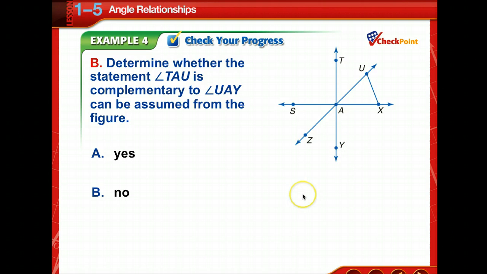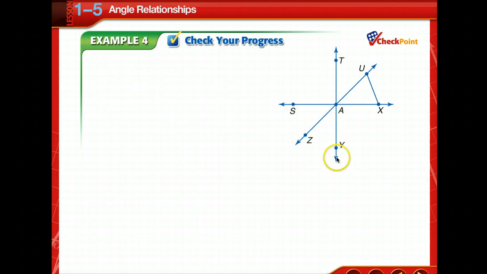Okay, pause for a moment. Can you determine the statement angle TAU is complementary to UAY? Can that be assumed? No, you can't. Looks to me like TAU and UAY are supplementary. Okay.